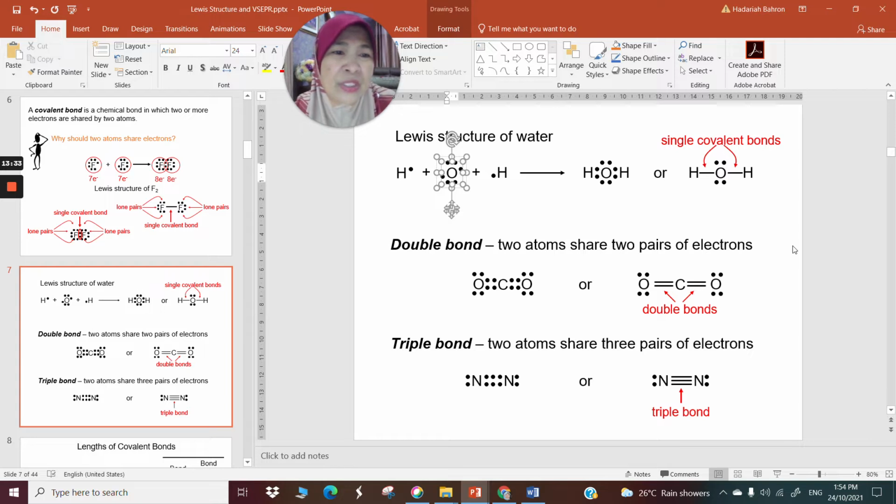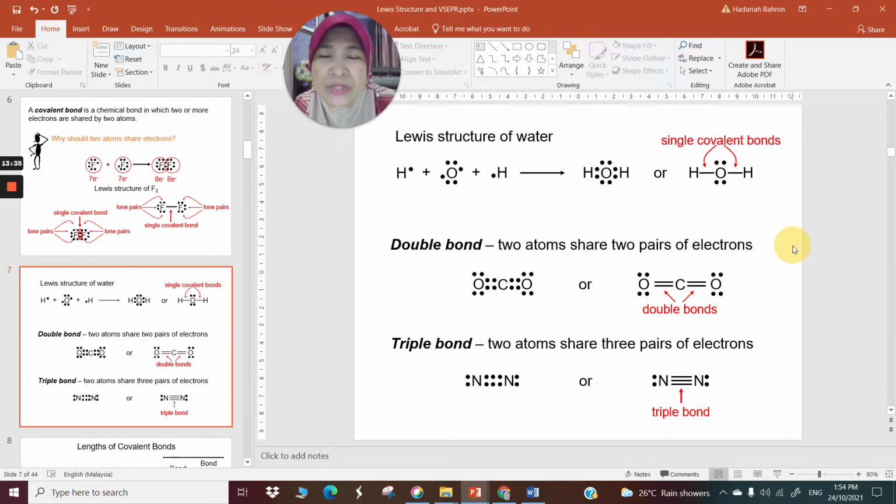How are they going to react to make sure that each of those atoms completes the octet? Remember, the octet for hydrogen is not 8. The octet for hydrogen is 2 because it is in the first shell. It doesn't have p orbitals, it only has s. So 2 is good enough for hydrogen.